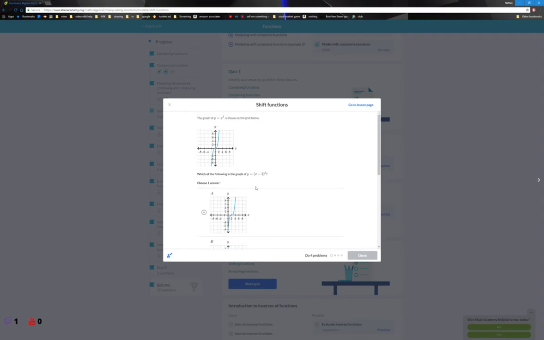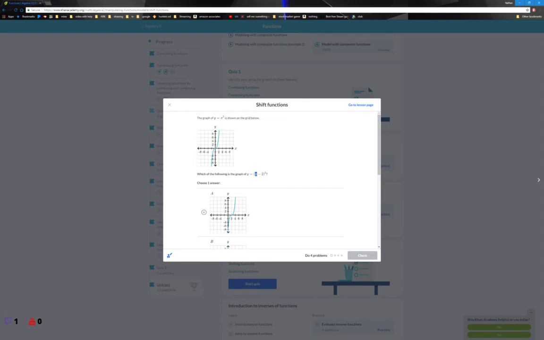So we know that if you change it inside of the parentheses, that would be our horizontal shift. So we want to shift this over to negative 2. And what he was just saying is, if you make this equal to 0, 0 cubed is 0.